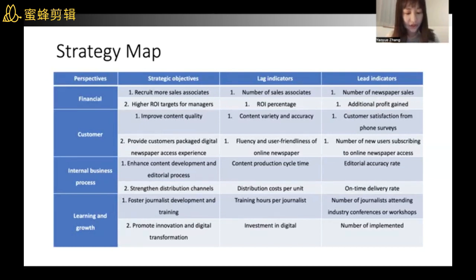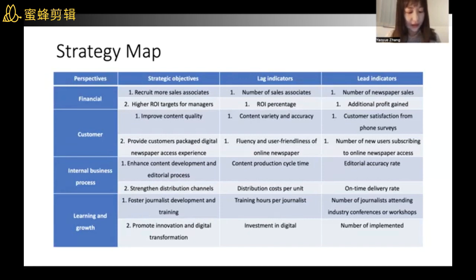In addition, Eagle International should ensure that the newspaper's online presence is user-friendly and optimized effectively for different devices.